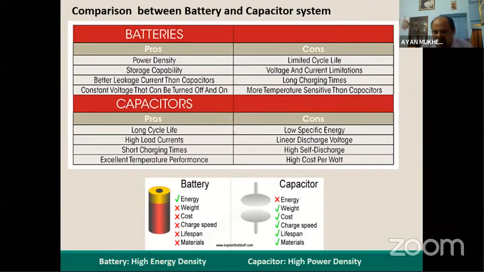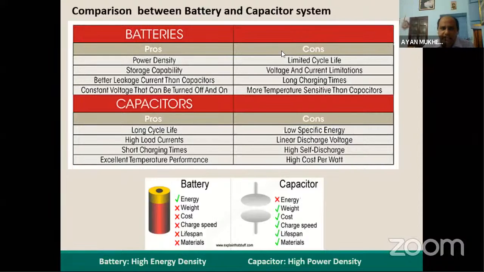That means a battery can store energy in greater amount, but the charging or discharging of a battery requires a good amount of time. Whereas a capacitor can be charged or discharged quickly, but its energy storing capacity is not so good.